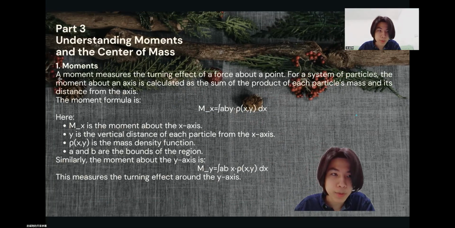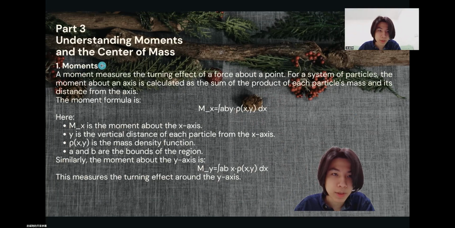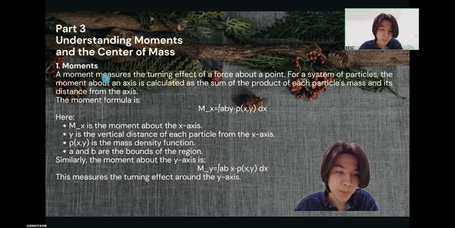And in part 3, which is understanding moments and the center of mass. In this part, I will explain the moments and the center of mass.